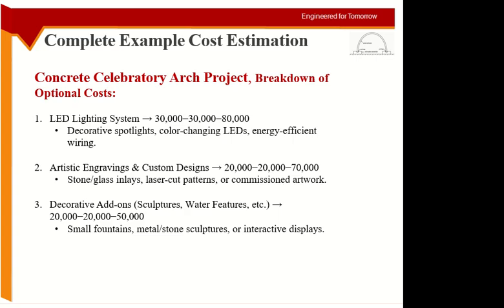So this is the breakdown for the optional cost: the lighting system, the engravings, the decorative items. These are based on a lump sum basis, depending upon what you are taking. Even in real construction projects, most of these items are very flexible.